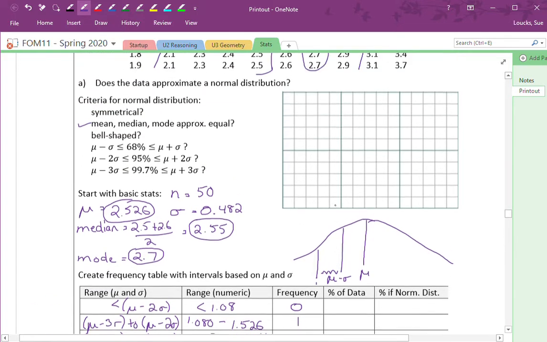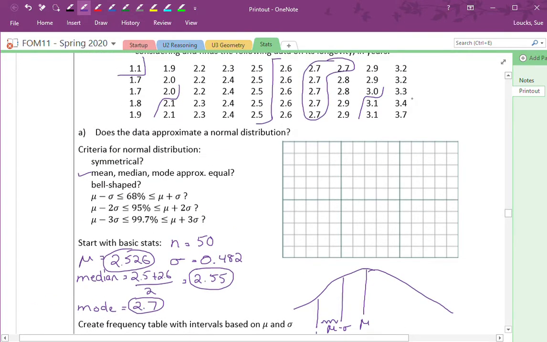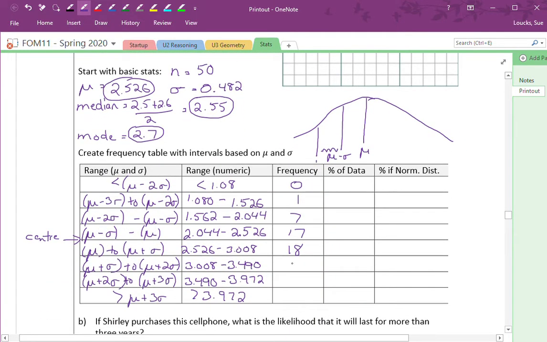Between there and 3.49 would go to here, which is 1, 2, 3, 4, 5, 6. And there was 1 and then 0. Now let me add those up just to make sure I've included them all. My sum there is 50, which is great.